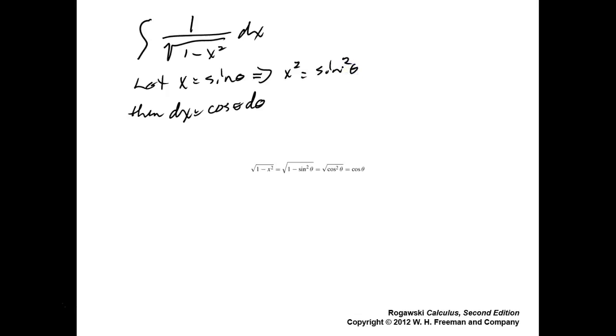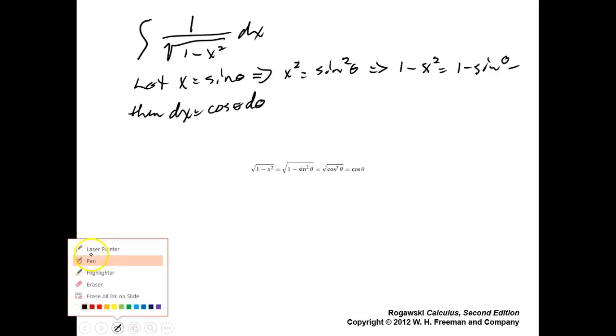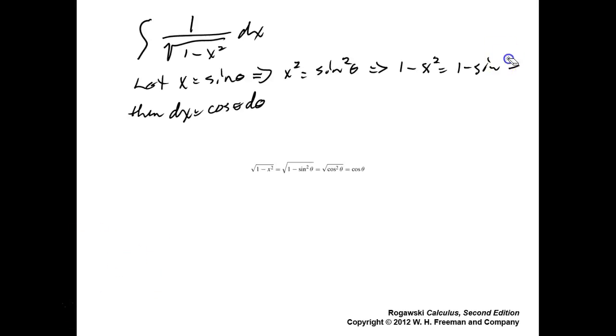Okay? But you also have a 1 minus x squared, so that would be 1 minus x squared would equal 1 minus sine squared theta. And what is that? This board drives me nuts sometimes.